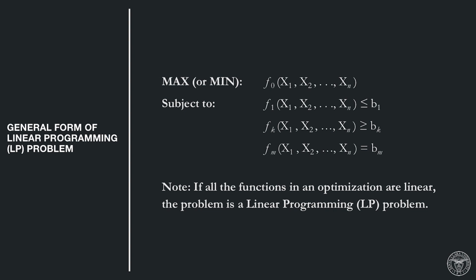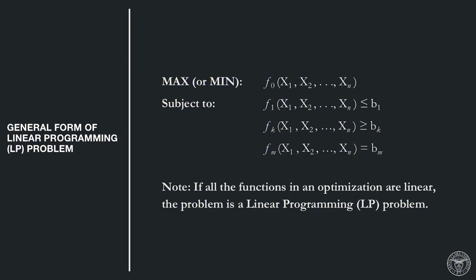In mathematical form, we maximize or minimize f in terms of x1, x2, x3, x4, and xn. The f is the function, and x1, x2, and xn are the independent variables. So we maximize or minimize f, subject to constraints.